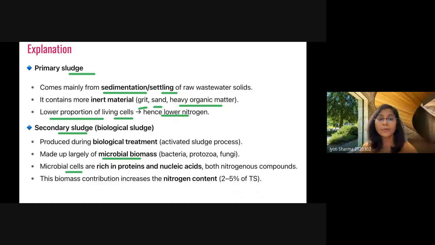And those microbial cells are rich in protein and nucleic acid, and these have nitrogen compounds in them, and that's how this biomass will contribute an increment in the nitrogen content, that will be 2 to 5% of the total solid. So this is the right explanation why we have more nitrogen in the secondary sludge as compared to the primary sludge.